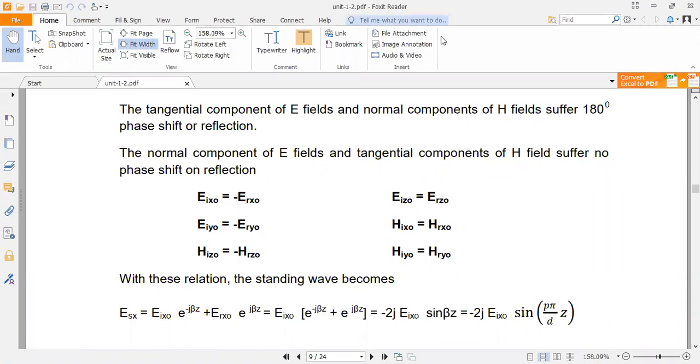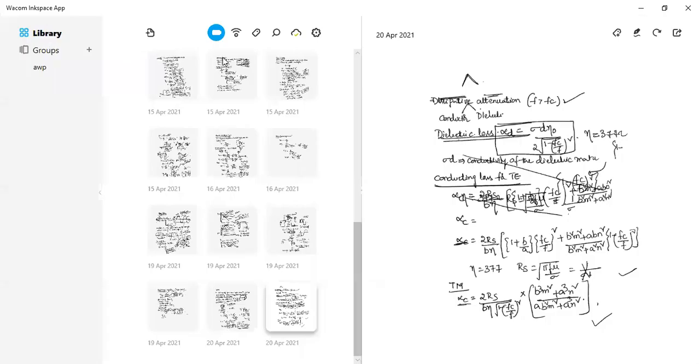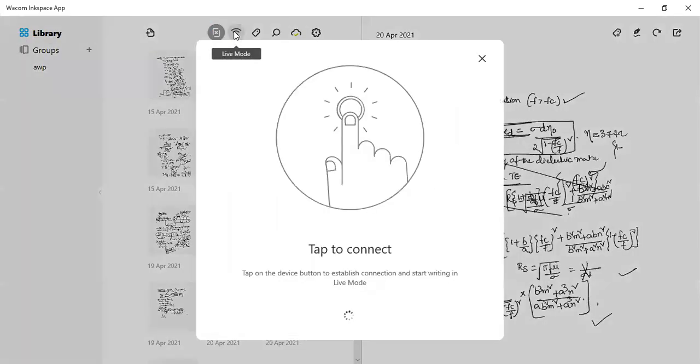I'll write the resonating condition here. The resonating condition for a resonator is when the length of the cavity is multiples of lambda g by 2.